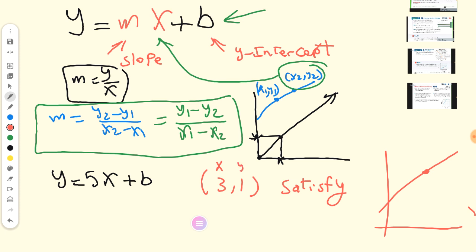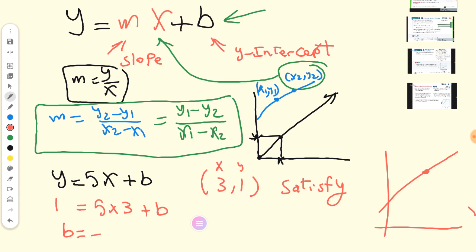So instead of y, I'll put 1. So it's 1 equals 5 multiplied by, instead of x I'll put 3, plus b. So 5 times 3 is 15, moving to the other side it becomes negative, so negative 15 plus 1 is negative 14.